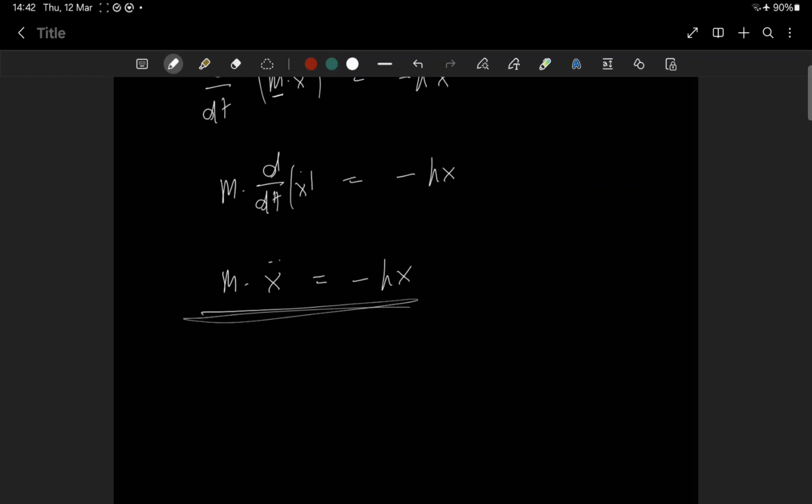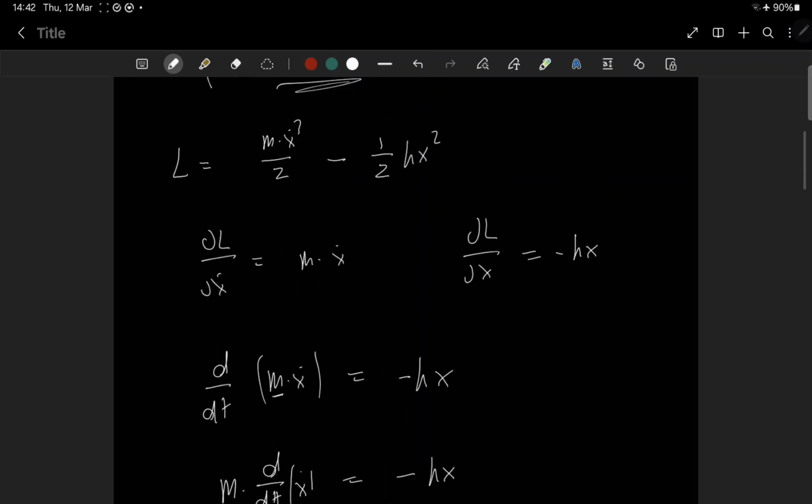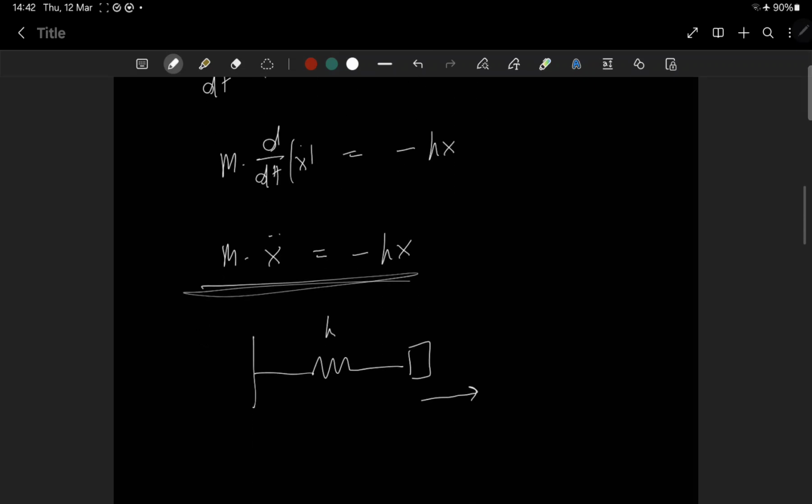equation of motion, because basically the acceleration is negatively proportional to the distance. So for example, if you have a spring and then a mass attached to it, with spring constant k, and I pull this mass towards the right, then it's going to experience a force in the opposite direction.